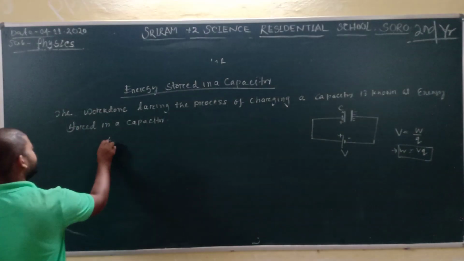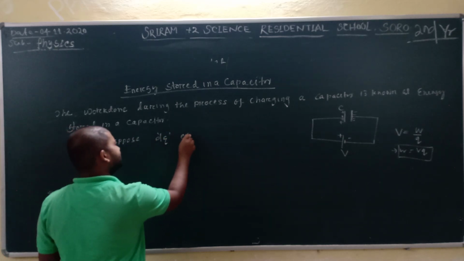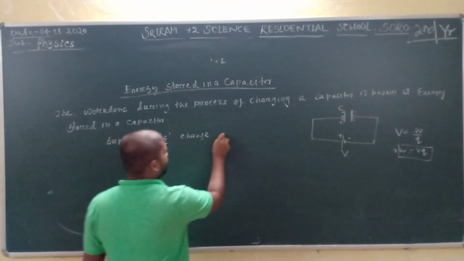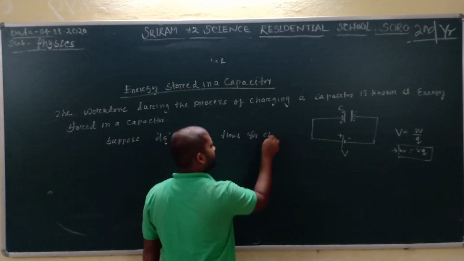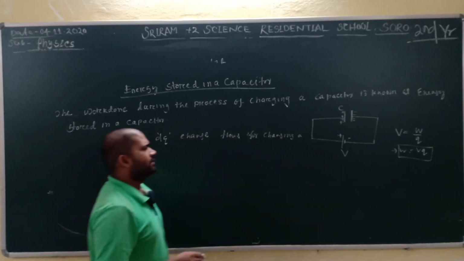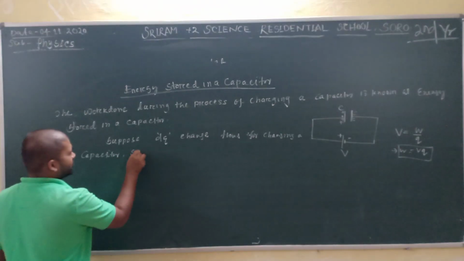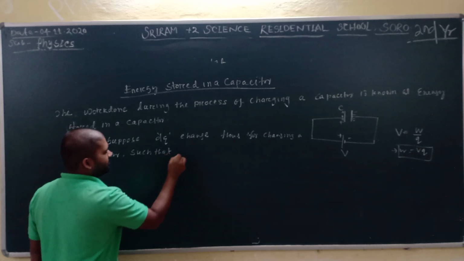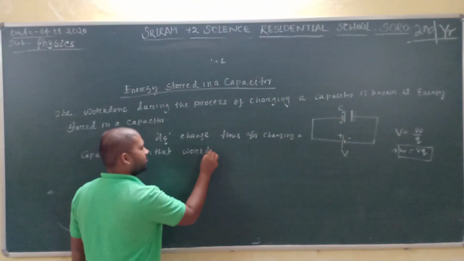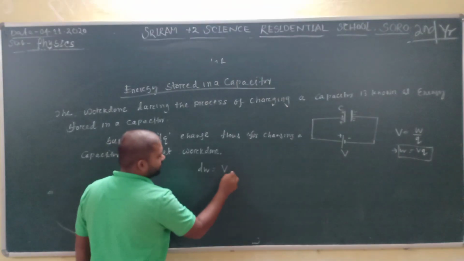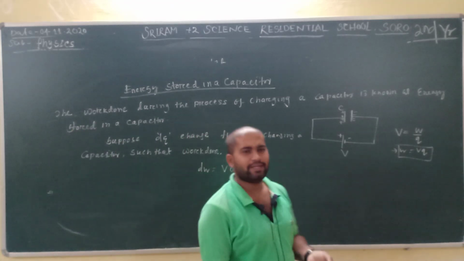Suppose a charge dq flows for charging a capacitor, such that the work done dW equals V dq, where V is the electric potential.